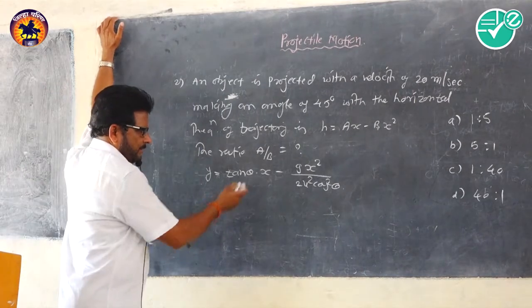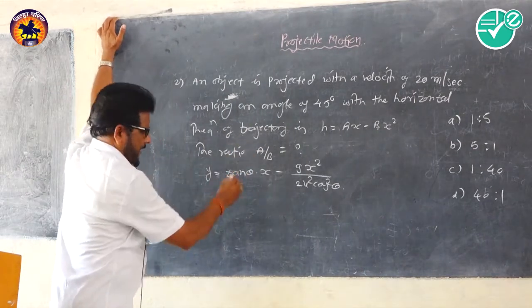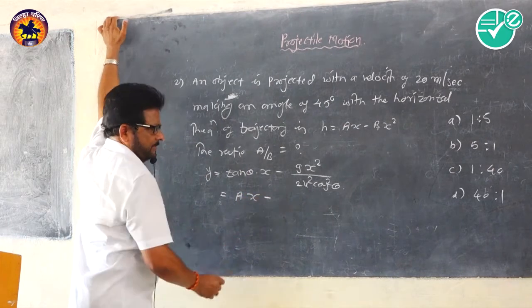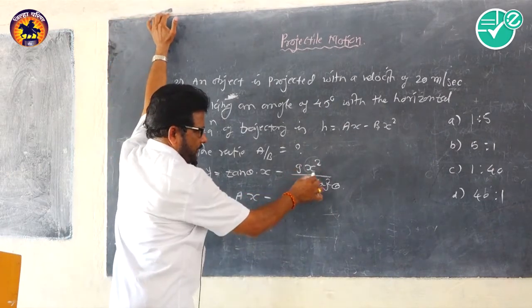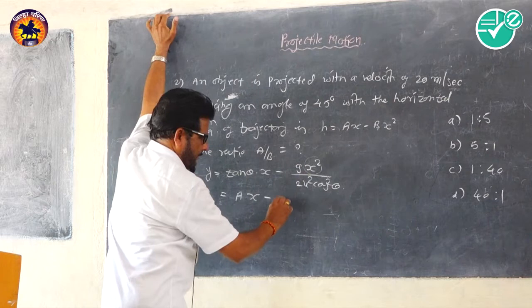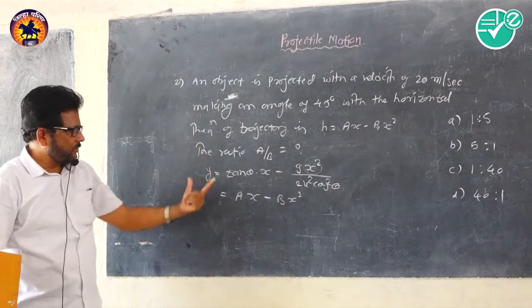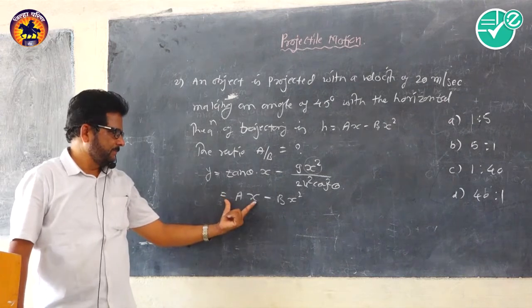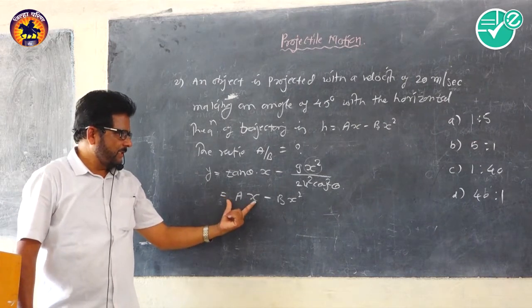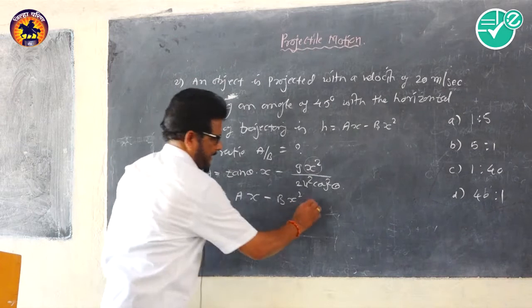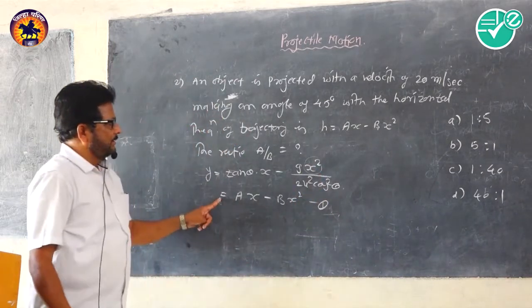This is the equation of this parabola, ax minus bx square here.